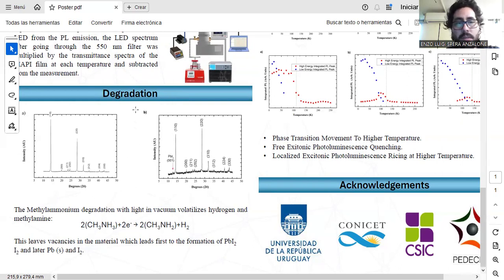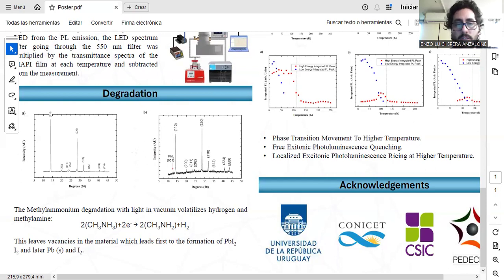Many things have been studied about the degradation mechanism of methylammonium. Particularly, it has been shown that humidity degrades the sample. That's why we take care to work in a low humidity environment. But it has also been shown that not only UV light, but also blue light can degrade the samples.